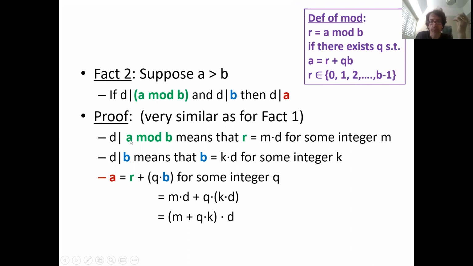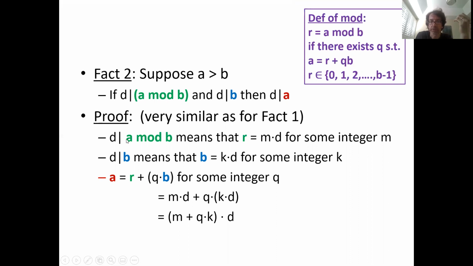Now, let's rewrite this equation to the original one. If something is a remainder, then it must satisfy this equation: A is expressible as some quotient number of B's plus the remainder.